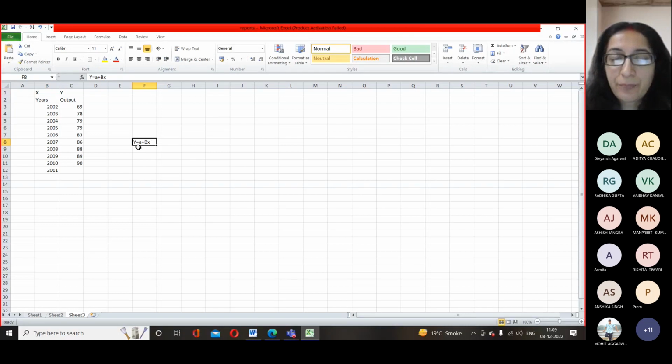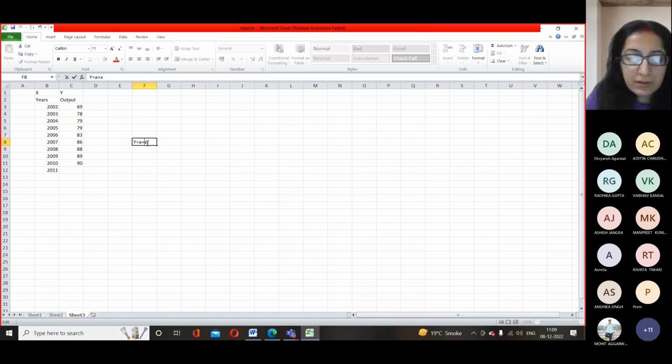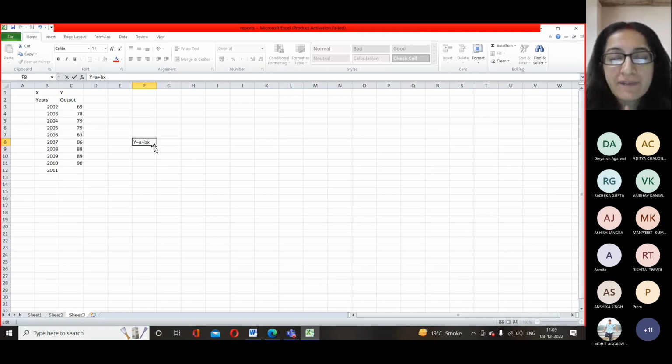Now what is a? Anyone, what is a? A is the intercept. So now to calculate a, I will have to apply the intercept formula. पहली बात. दूसरी बात, what is b? अच्छा, और ये b small है. b is slope. So which means the two formulas that we will be applying are slope and intercept.